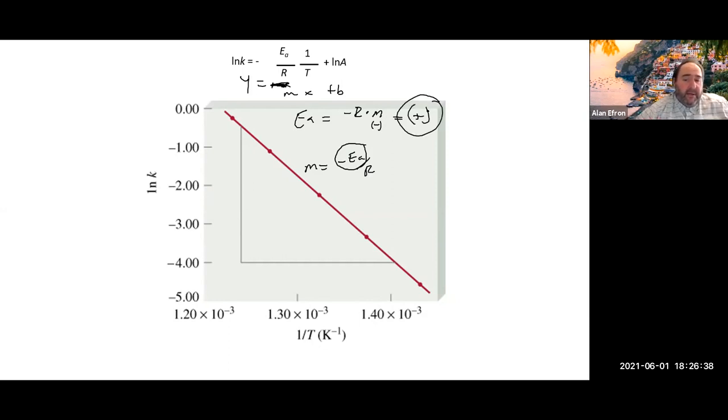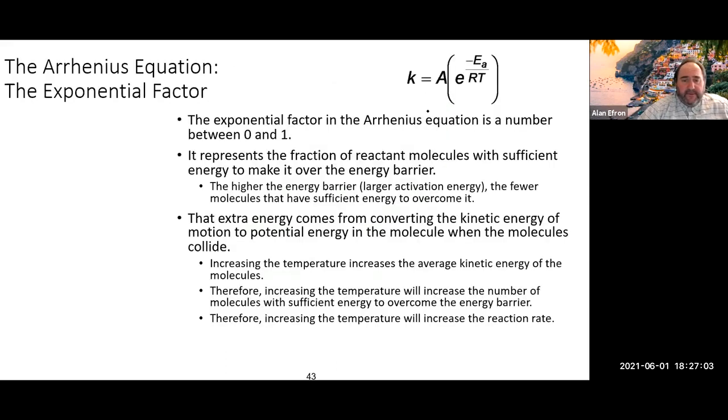So it is going to be a positive number, as we just talked about, that hill that they have to climb. So this is a more common use of this equation, a graphical use of it, and mainly you would do this to graphically figure out the activation energy for that particular reaction. Any questions on that there?